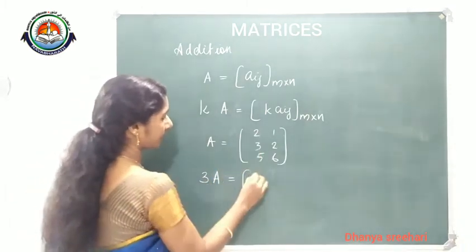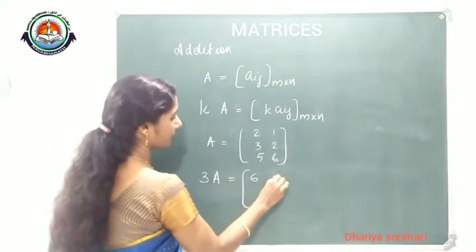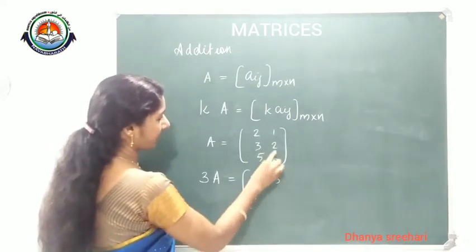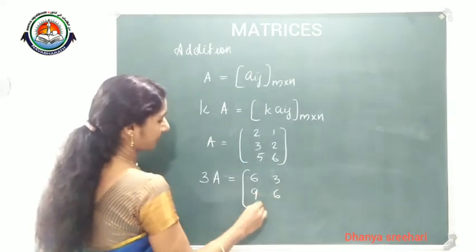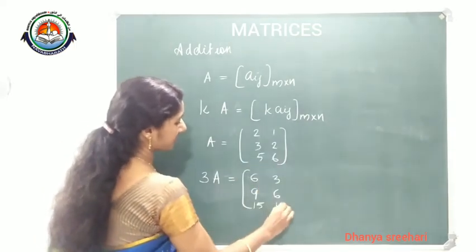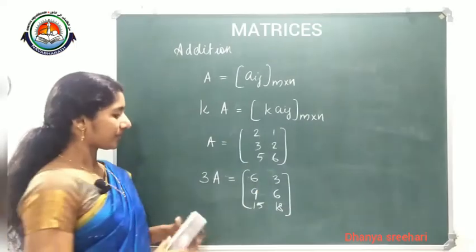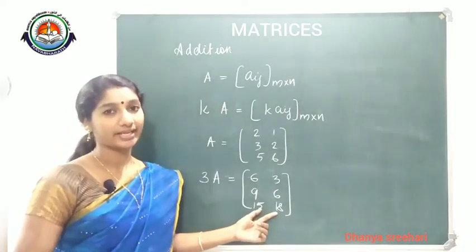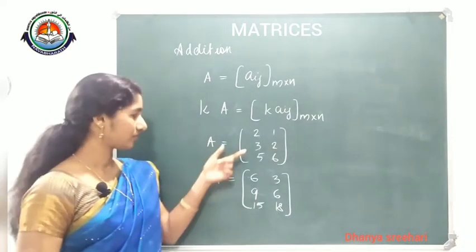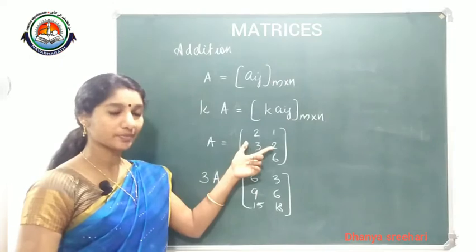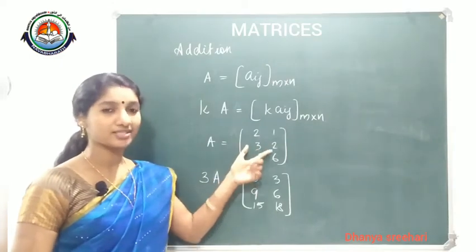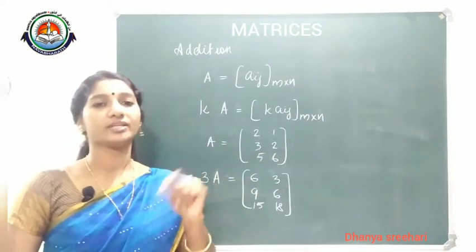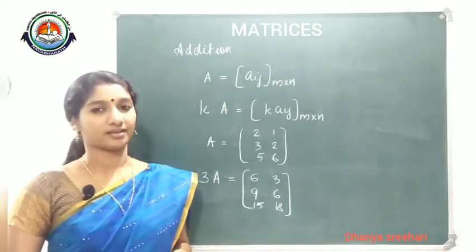So it will come 3 into 2, 6. 3 into 1, 3. 3 3s are 9. 3 2s are 6. 5 3s are 15. 6 3s are 18. So this is the matrix 3A. Clear? So one matrix is given, and when multiplied by a scalar, each element in the matrix we need to multiply by that scalar.